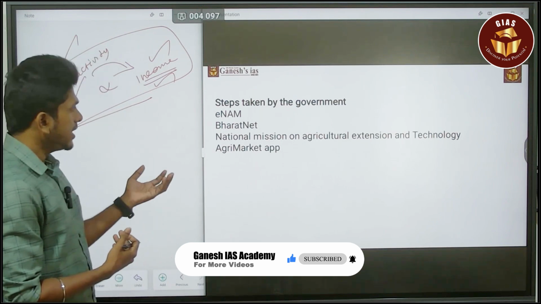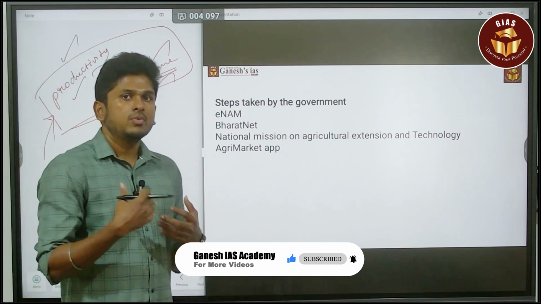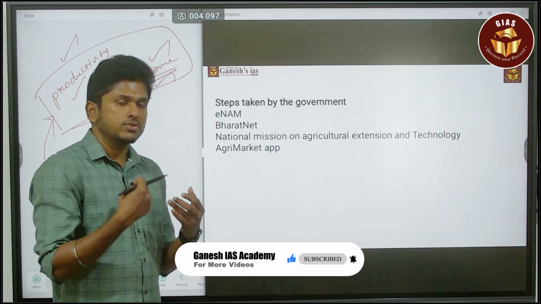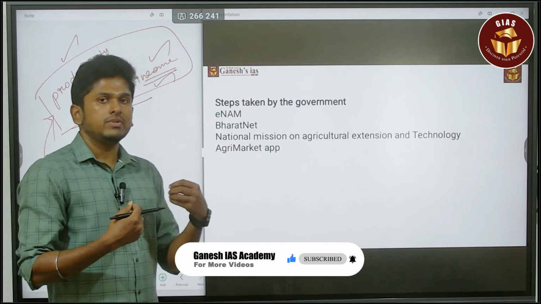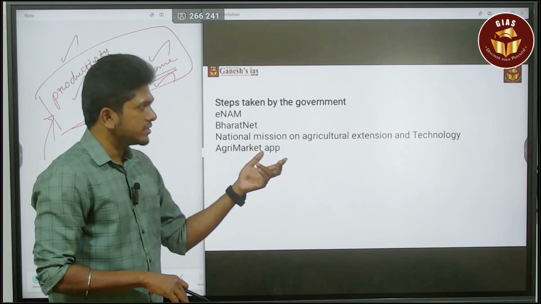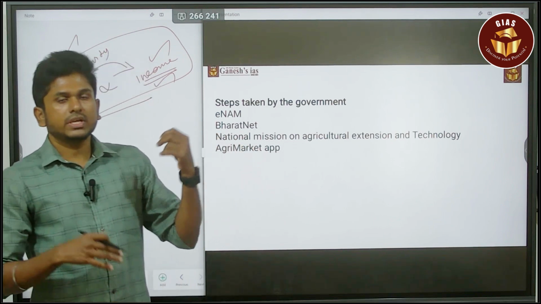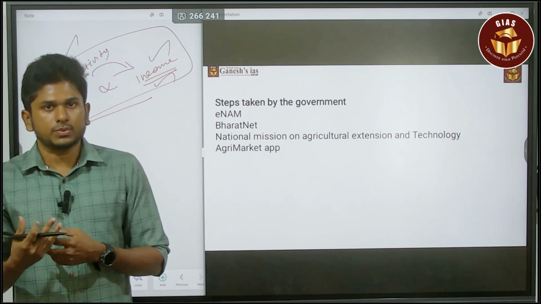Next, the National Mission on Agriculture Extension Technologies. Through the Digital India program, there is an app. In that app they will share the National Mission on Agricultural Extension and Technology. There is a lot of research going on related to various crops.